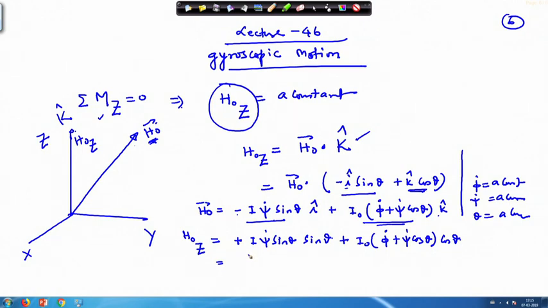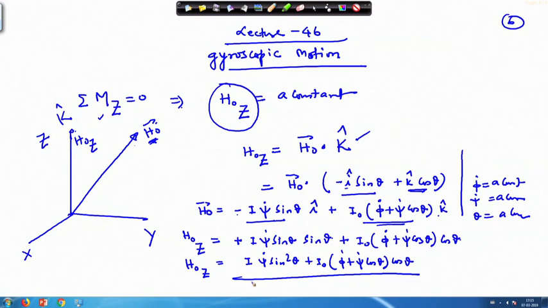So, this is I times psi dot sin square theta plus I 0 times phi dot plus psi dot cos theta times cos theta. As you can see, each quantity is a constant, so this whole thing is a constant.